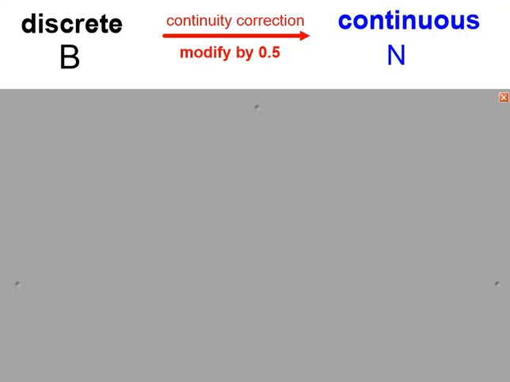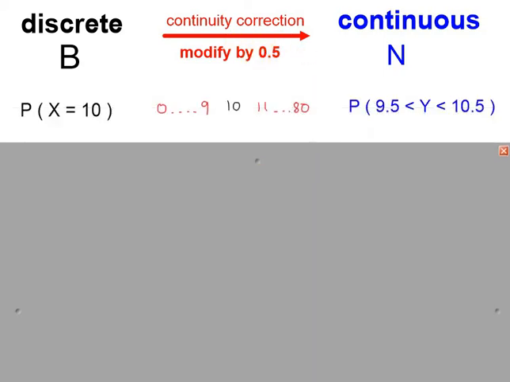So far we've seen that if we start with a discrete distribution, for example the binomial, and to calculate probability we go from the binomial towards a continuous distribution, the normal distribution in this case, we have to make modifications using half a unit. So something like this, P(X = 10) in the binomial distribution.